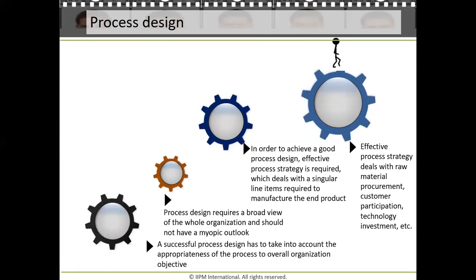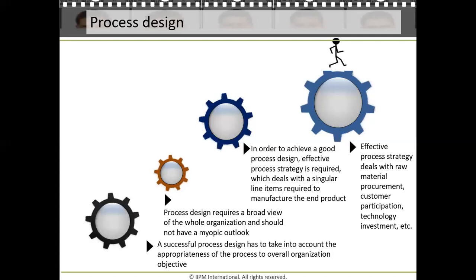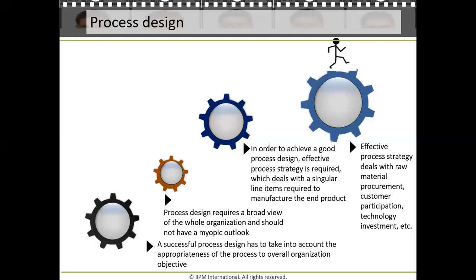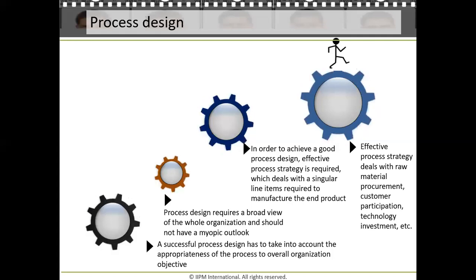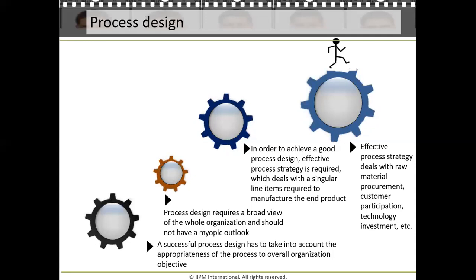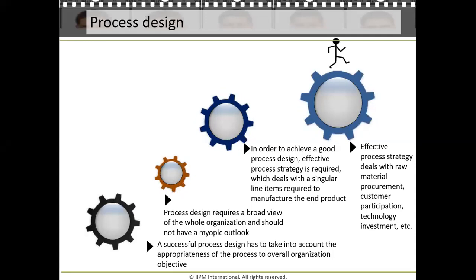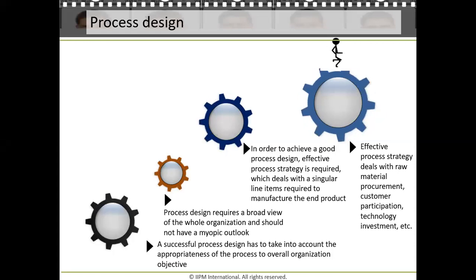Effective process strategy deals with raw material procurement, customer participation, technology investment, employee participation, stakeholders participation, and all of that together.